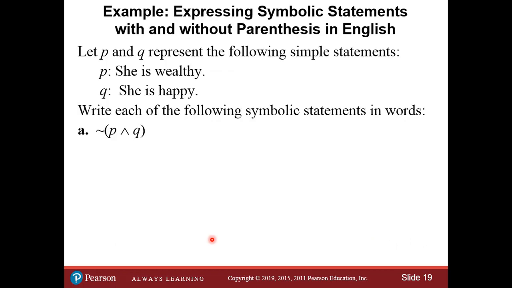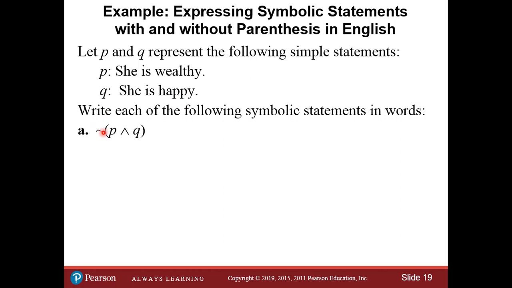Now, let P and Q represent the following simple statements. She is wealthy and she is happy. We want to write each of the following symbolic forms in words. So what does this mean? Well, we start with the inside, right? So this means P and Q, right? She is wealthy and she is happy.